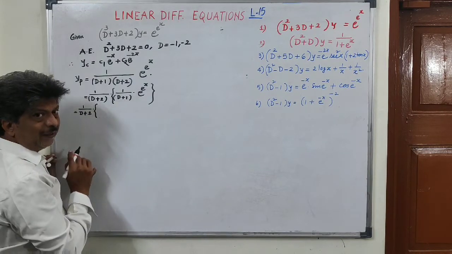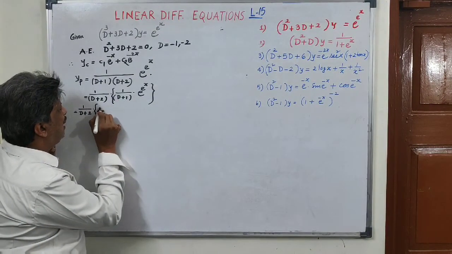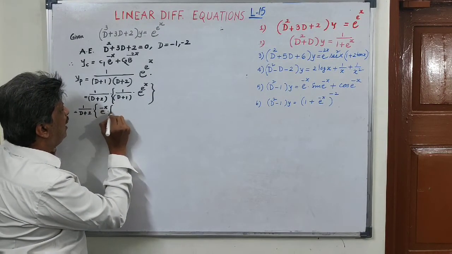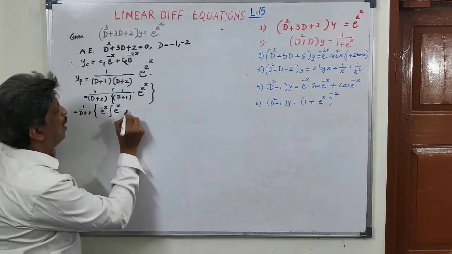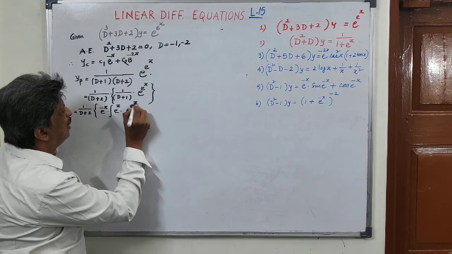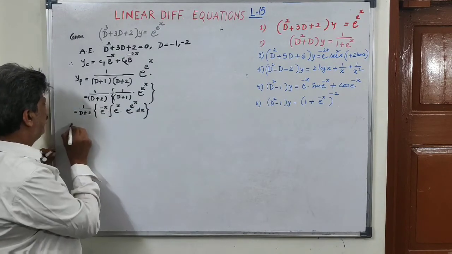Here the value of m is 1. So it is equal to e raised to power minus x into the integral of e raised to power x into e raised to power x dx.